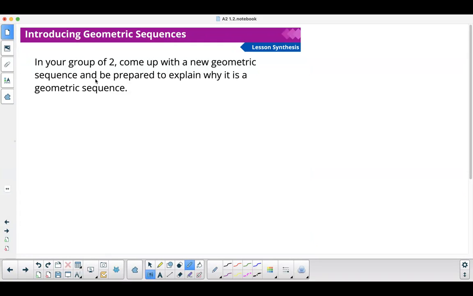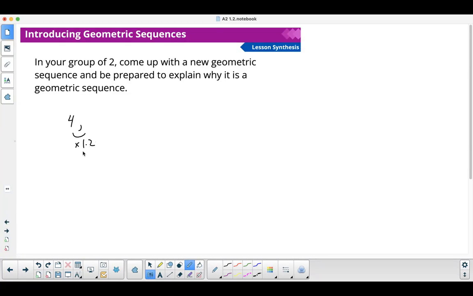All right. In your group of 2, come up with a new geometric sequence and be prepared to explain why it is a geometric sequence. Okay, I'll start out with one here. Let's just start out with 4. And let's do, I don't know, a weird number. Let's make it different. Let's go times 1.2.